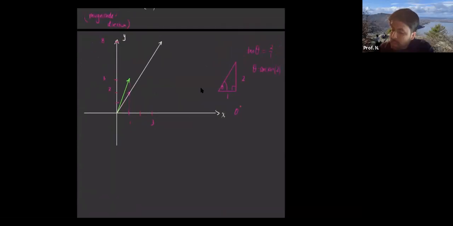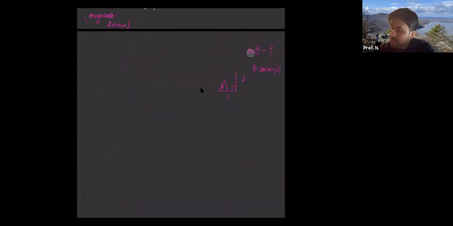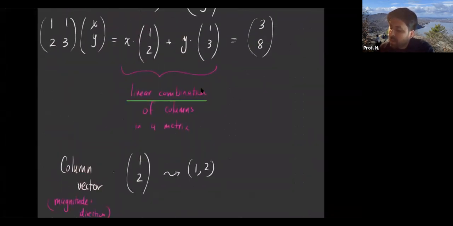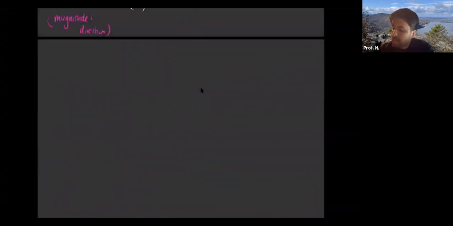So let me erase this. I just want to draw this out a little bit better. I already know my solution here: x equals 1 and y equals 2. So let me just draw this out again.